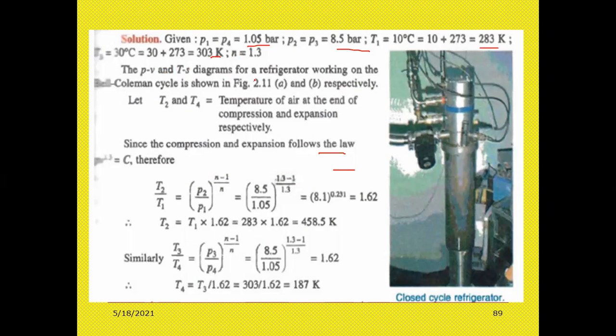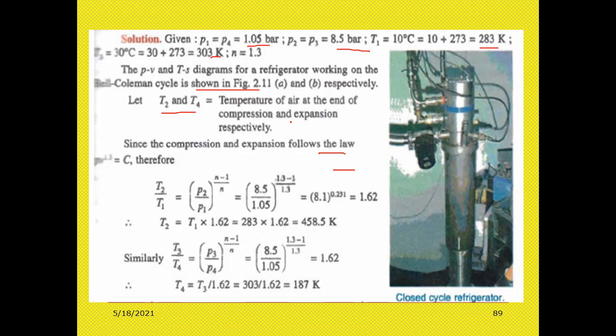The PV and TS diagram for the refrigerator working on the Bell-Coleman cycle is shown in the figure respectively. Let T2 and T4 be the temperature of air at the end of the compression and the expansion respectively.